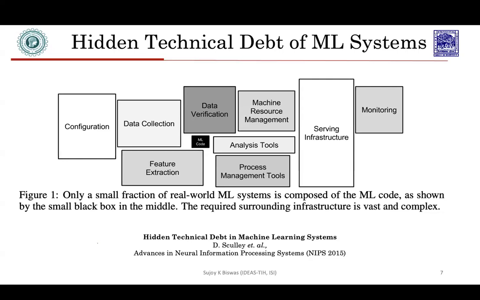So, as an ML engineer, as a data engineer, as a data scientist, you must know what the parts of an ML system or AI system are. What are the components that build a whole ML system? That is the main question.